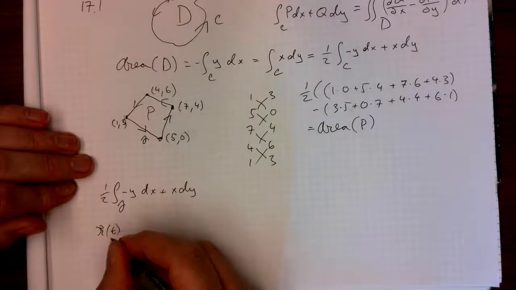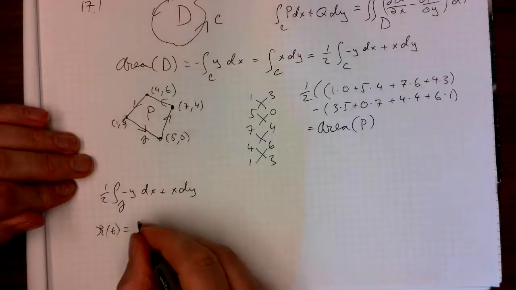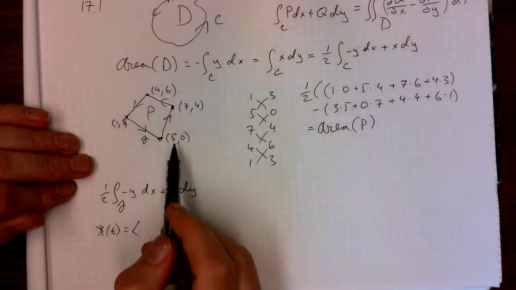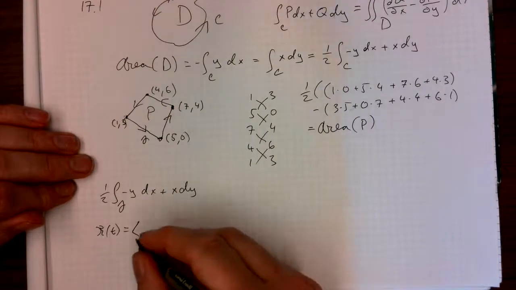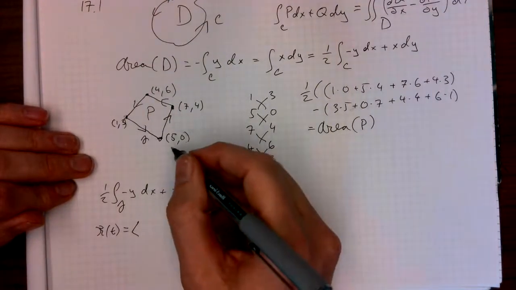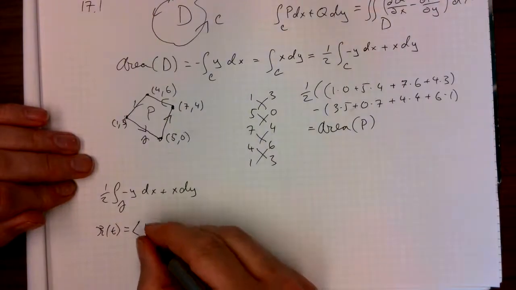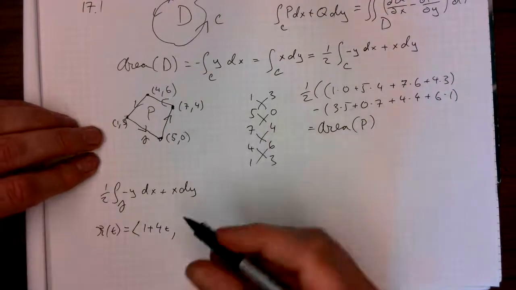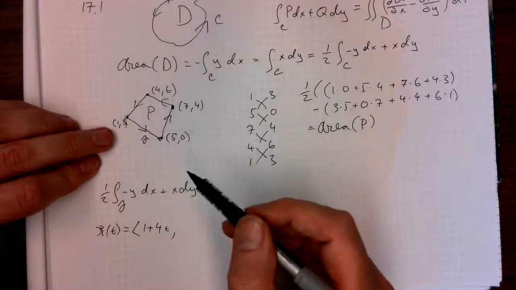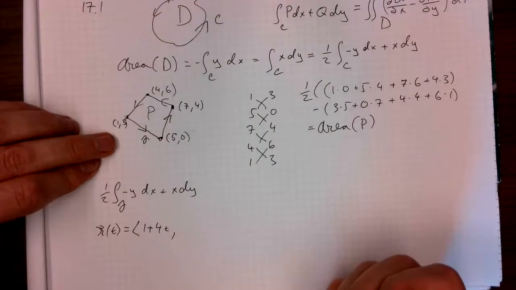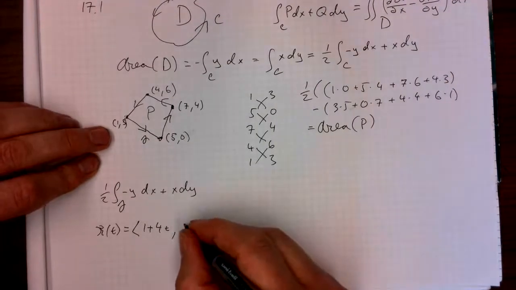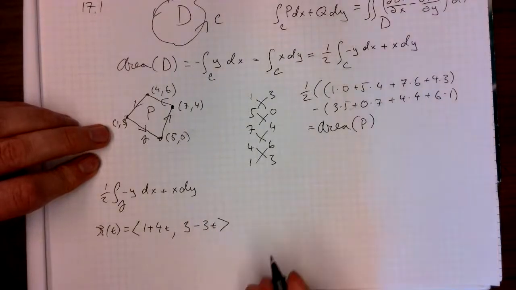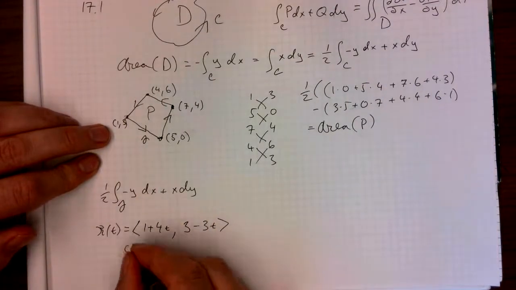Let's call the parameterization R. x is supposed to go from 1 to 5, so we could write it as 1 plus 4t. y is supposed to go from 3 to 0, so we could write it as 3 minus 3t, where t goes from 0 to 1.